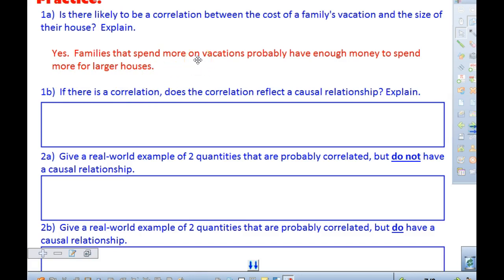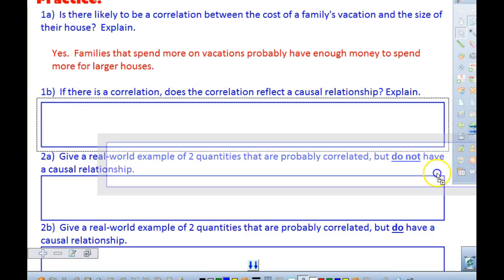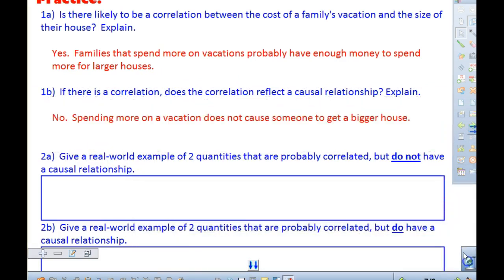And the reason they put here is that families who spend more money on vacation probably have enough money to have a bigger house. Do they have to have a big house? No. So as it says, if there is a correlation, is it causal? If you're looking at it, does it cause it? And in this case, we would say no. Spending on vacation does not cause us to have a bigger house, right?